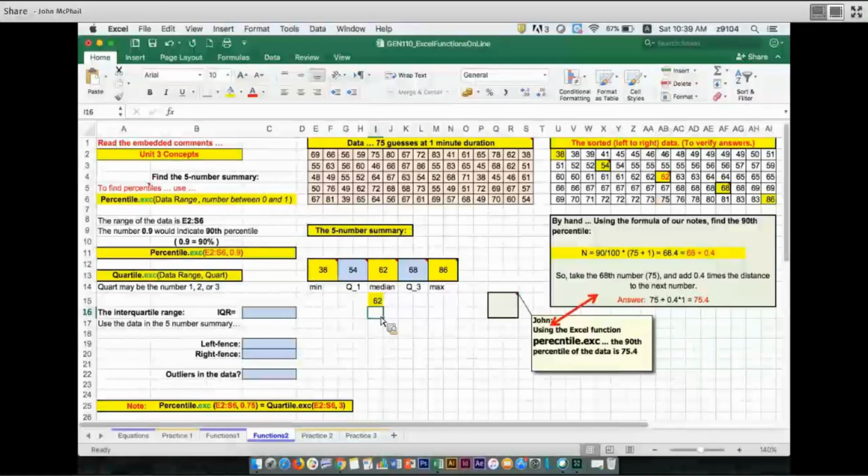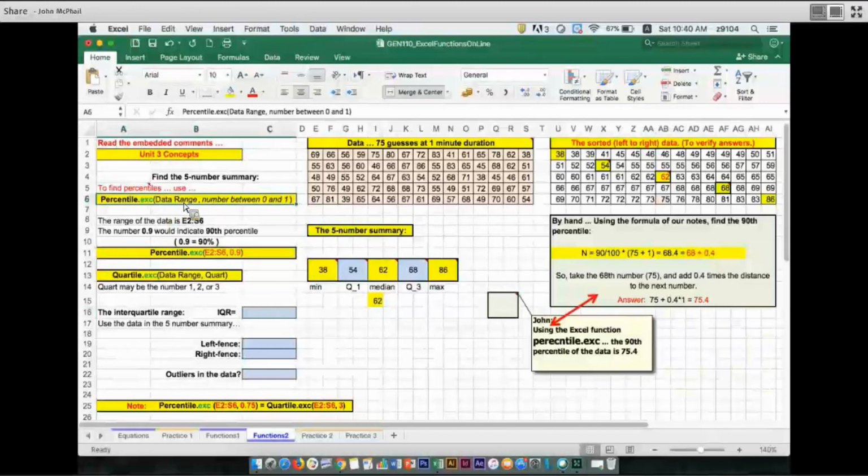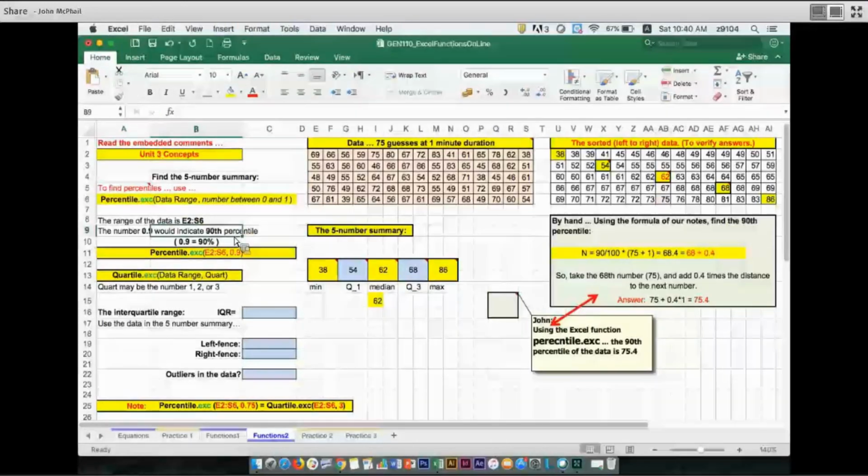The description of the percentile functions are on the left. Percentile.exc, we must supply, of course, the data range as one piece of data for the percentile function, and we must give it a number between 0 and 1. That is the percent to indicate which percentile we wish to have. If it's the 50th percentile, we give 0.5.